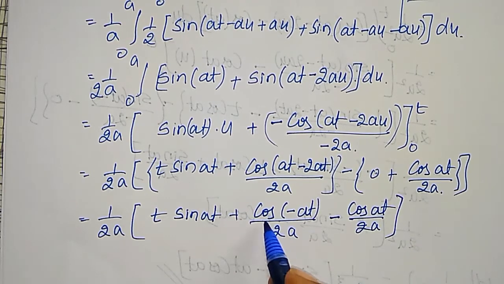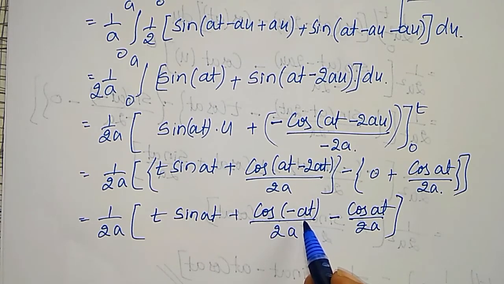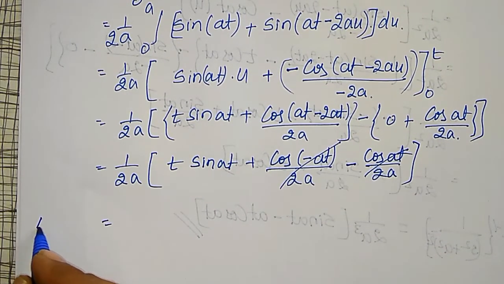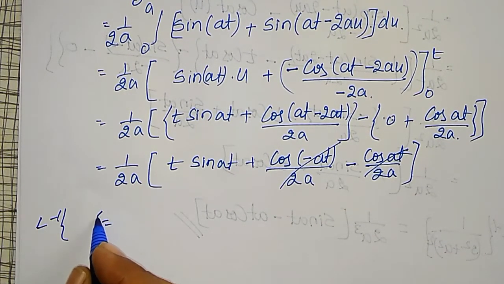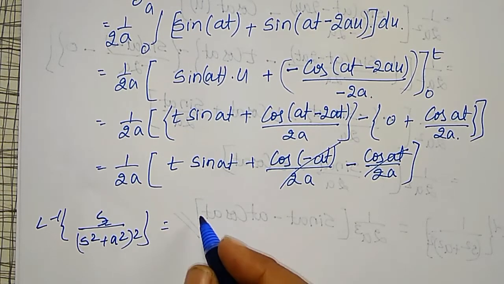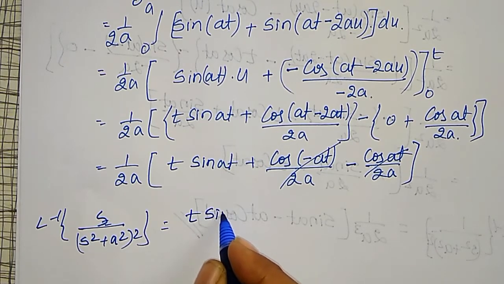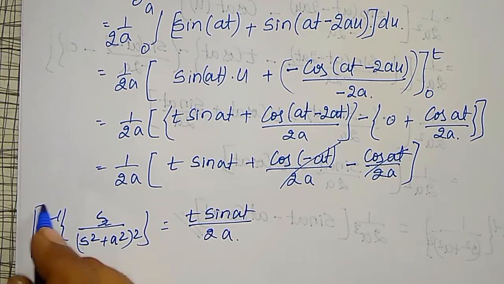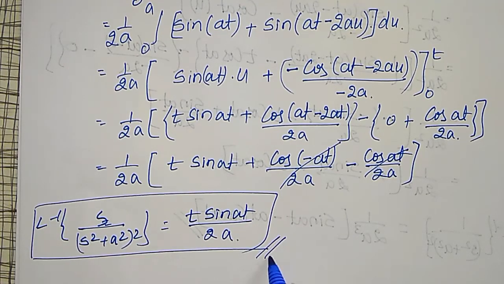But cos of minus theta is also cos theta only. So it is plus cos at minus cos at. Therefore these two cancel, and my required final answer, that is the inverse Laplace transform of s divided by (s square plus a square) the whole square, will become t sin at divided by 2a.